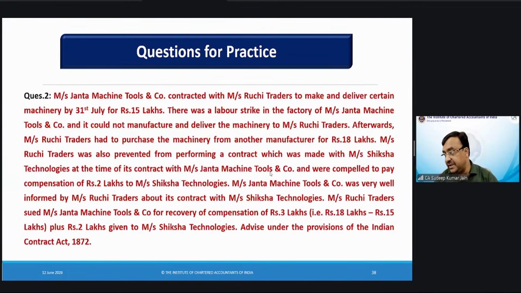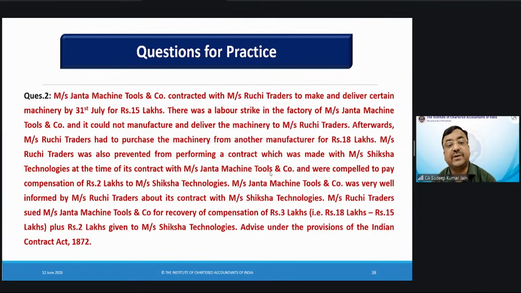One more question. Please read fast. Messrs. Janta Machine Tools and Company contracted with Messrs. Ruchi Traders to make and deliver a certain machine by 31st July for 15 lakh. There was a labor strike in the factory of Janta Machine Tools and Company, and it could not manufacture and deliver the machinery to Ruchi Traders. Afterwards, Ruchi Traders had to purchase the machinery from another manufacturer for 18 lakhs.